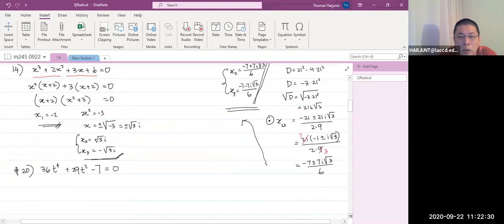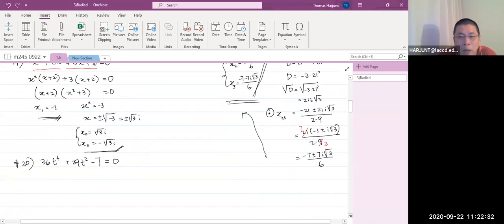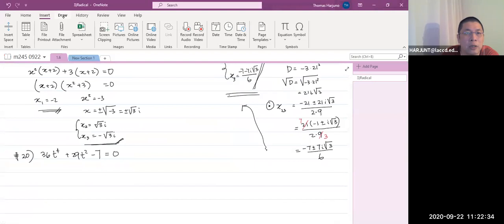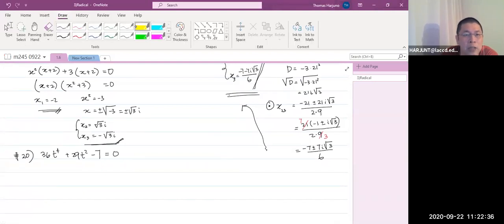Okay, now this is still polynomial, but because of the pattern, this actually falls into the category of quadratic-like equation. Why? Because this guy here is the square of this.